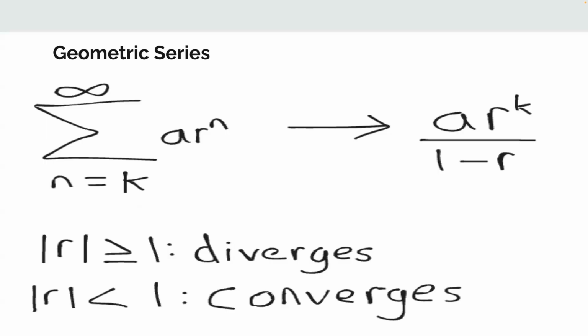Otherwise, it converges. And the formula for what it converges to is A R to the power of K over 1 minus R, where K is the starting term. So essentially, it's just the starting term over 1 minus R. That's what it'll converge to.